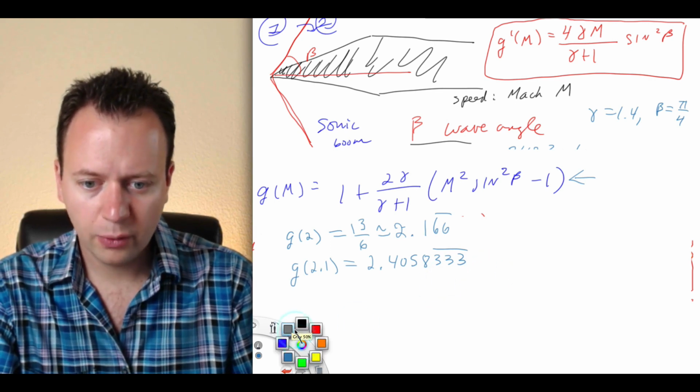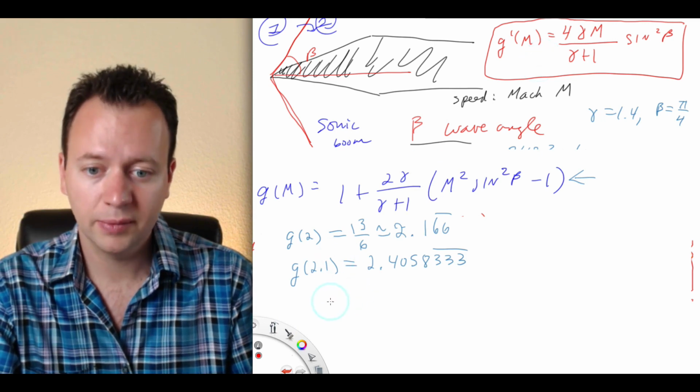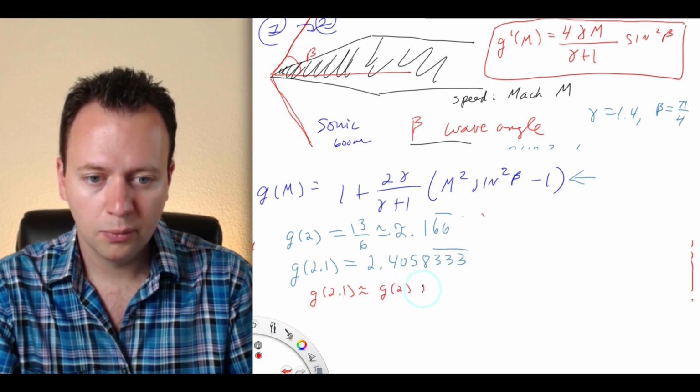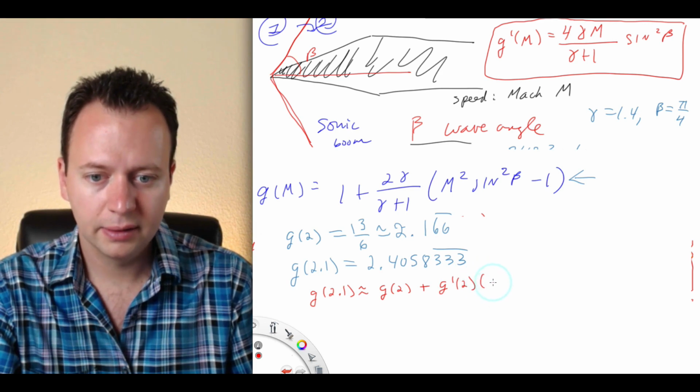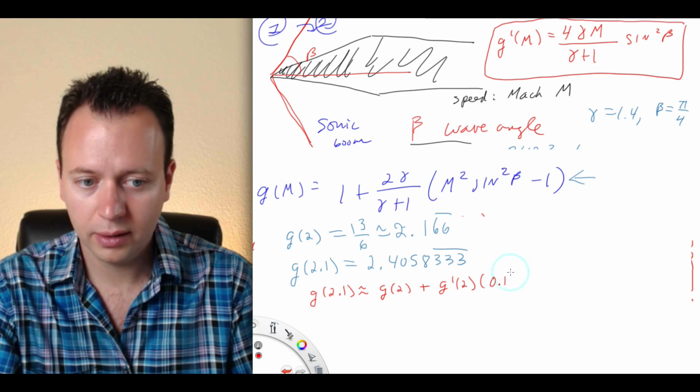So we can actually, without knowing the value of g of 2.1, use the derivative to approximate it. So g of 2.1 is going to be approximately g of 2 plus g prime of 2 times the change in m, so times 0.1.